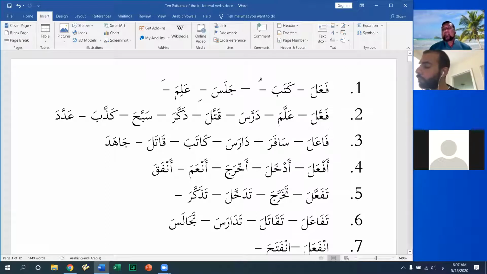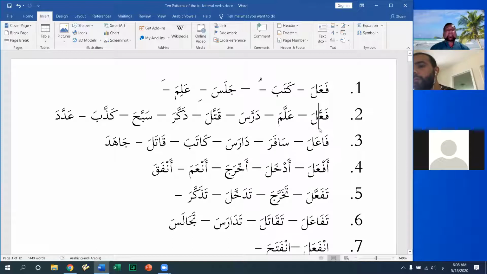So generally, when the verb is on the pattern of fa'ala, if you put it on fa'ala, if it is transitive in fa'ala, it becomes transitive to 2 objects in fa'ala. If it was intransitive in fa'ala, it becomes transitive in fa'ala.